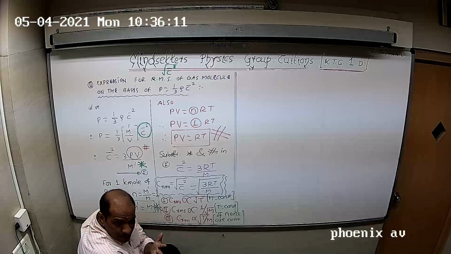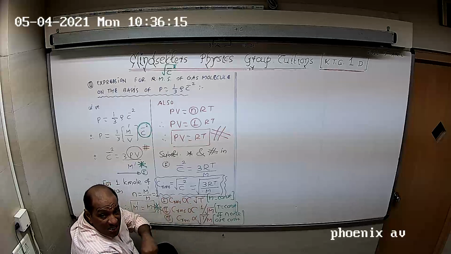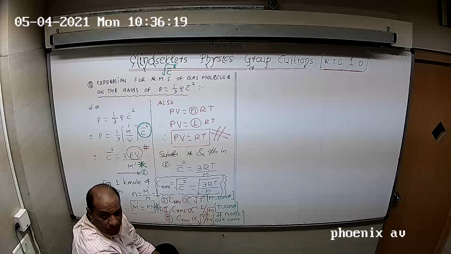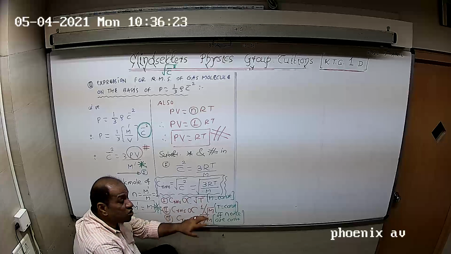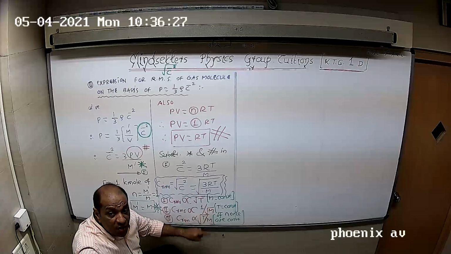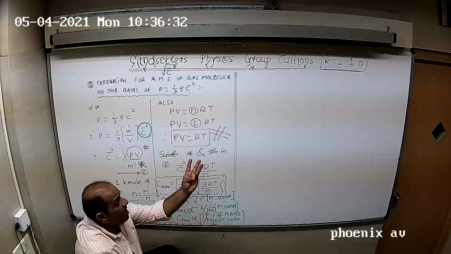more vigorously. So as the temperature increases, RMS velocity increases, but with the relation to root of temperature, as you can see. Next, keep the temperature the same, but change the gas. Don't you think a lighter gas will move faster? Lighter gas will move faster.